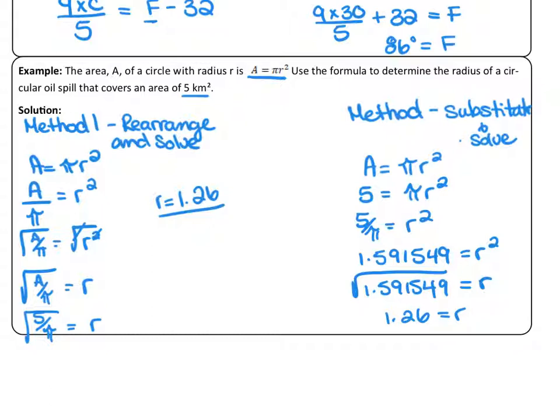Some of the questions will ask you to do method 2, or it will just leave it up to you and you choose the method that you want to do. But really, unless I specify it on a quiz or something, and if I specify it on a quiz, you'll have to actually show me how to do it. But otherwise, it's up to you. Use the method that you are most comfortable with.